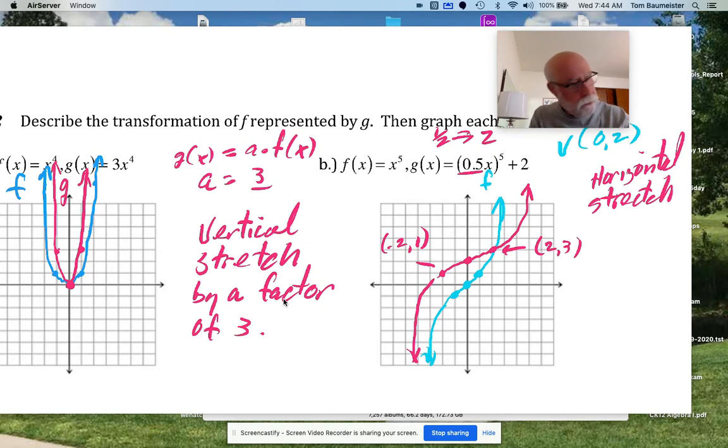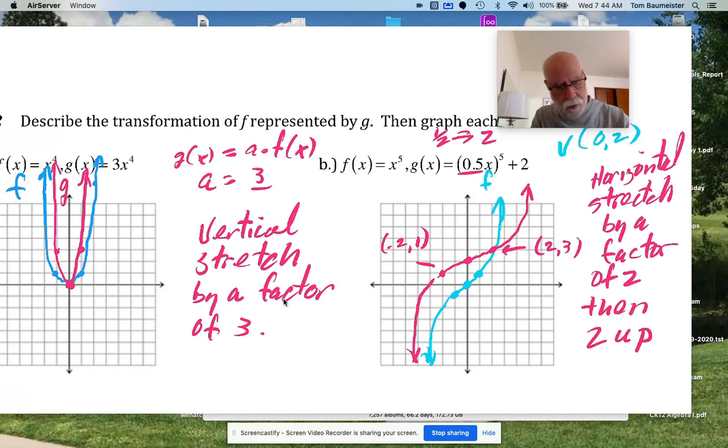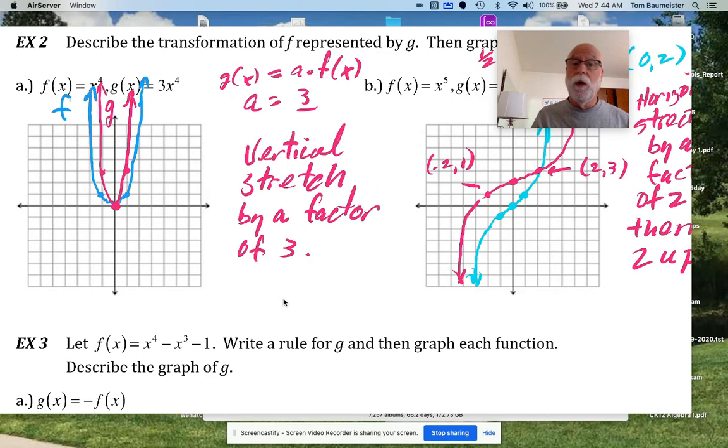All right. And then by a factor of 2. Okay. That's what we did first, and then 2 up. So again, just think I used the 3 points that were similar on that one here. Okay, and we have one more like that.